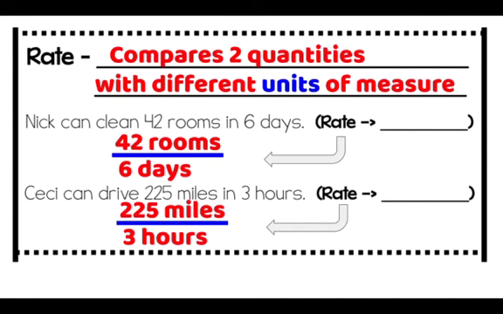So when we read rates, we kind of put the word per here. 42 rooms per 6 days, 225 miles per 3 hours, 65 miles per hour, $1.89 per 16 ounces.